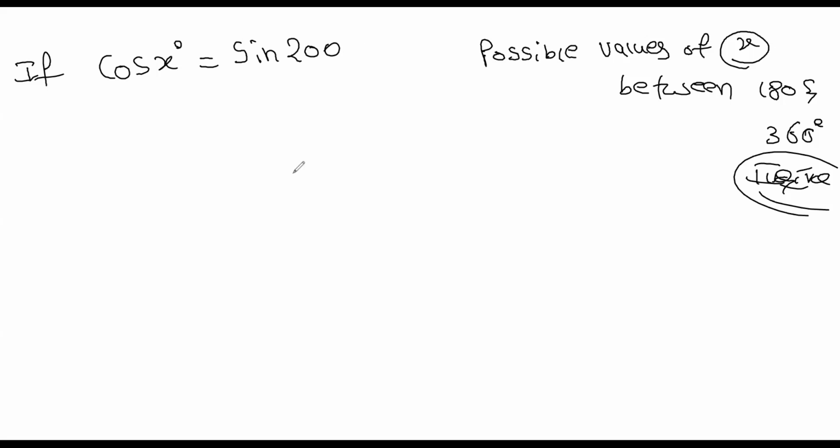So I convert cos x into sine, right? So 90 plus or minus x degrees. Instead of converting cos, convert sine. That's it, right? So cos 90 plus or minus 200.